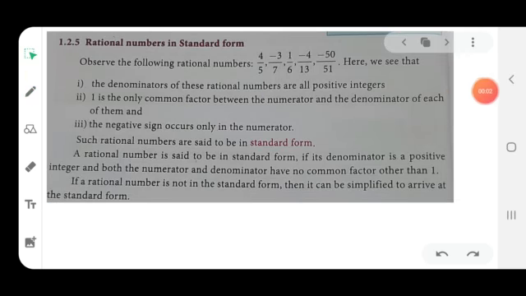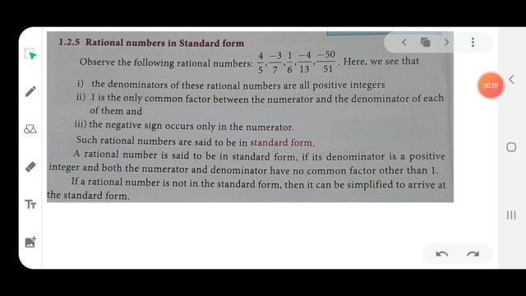Next, let us discuss rational numbers in standard form. Observe the following rational numbers: 4 by 5, minus 3 by 7, 1 by 6, minus 4 by 13, minus 50 by 51. Here we can see the denominators of these rational numbers are all positive integers. 5, 7, 6, 13, 51 are all positive integers.